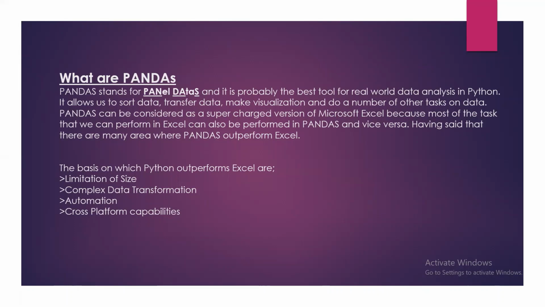there are many ways in which Pandas can outperform Excel. The basis on which Pandas can outperform Excel is the limitation of size. In Excel, we can only process the data which can be handled by the RAM of the system.